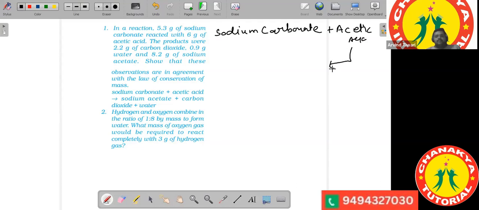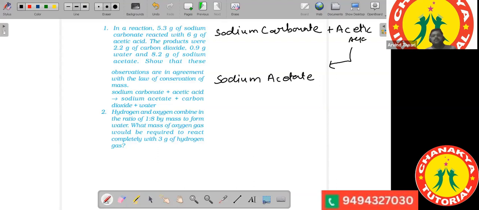So 11.3 grams is equal to 11.3 grams. So mass of the reactants is equal to the mass of the products, because 2.2 grams carbon dioxide, 0.9 grams water, and 8.2 grams sodium acetate all sum up to equal, because matter cannot be created or destroyed, so it has to be equal.